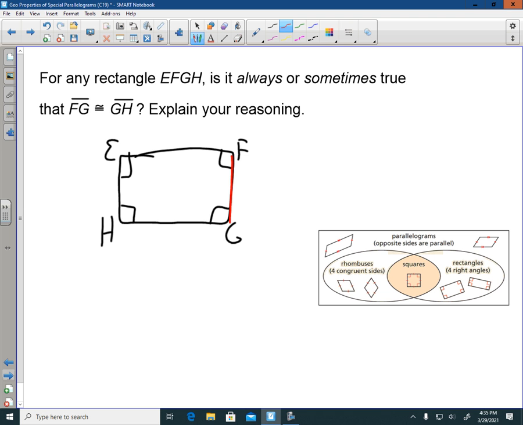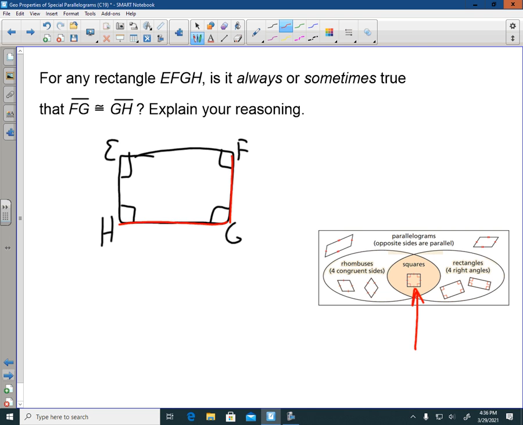congruent to GH. Well, it's not always true, is it? Because in a rectangle, that side FG could be shorter than GH and vice versa. But there's a special type of rectangle where it could be true, and that special rectangle would be a square.